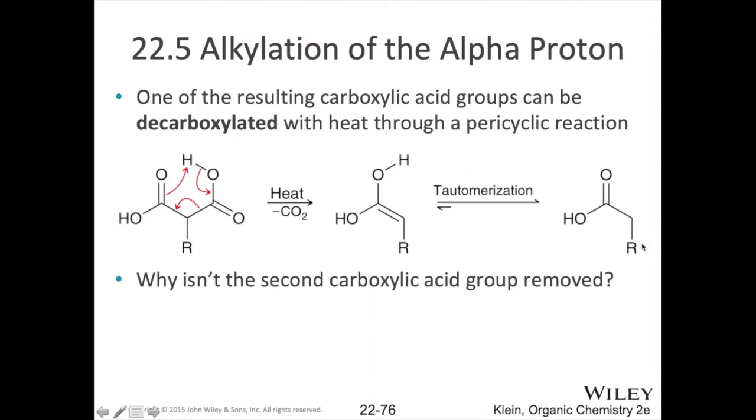So you've got that alkyl group that you got from your alkyl halide, and half of your malonic acid. Your diethyl malonate is what adds on the 2 carbons with the carboxylic acid that we mentioned.